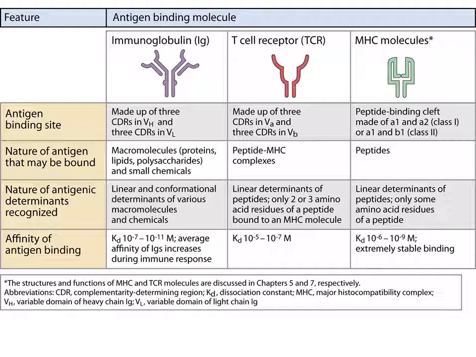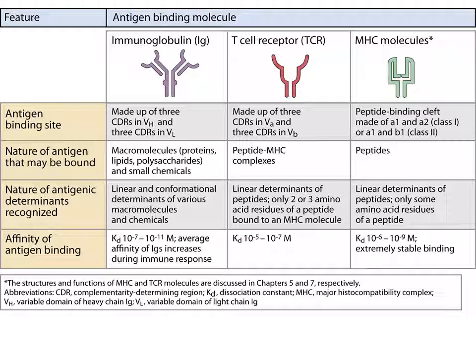Now, secondly, we have a T cell receptor. This will also attach to an antigen, and again has an antigen binding site with a sequence of amino acids, and again a different type of antigen binding. And then finally, the antigens will also be seen by MHC molecules, and they also have specificity and affinity binding.